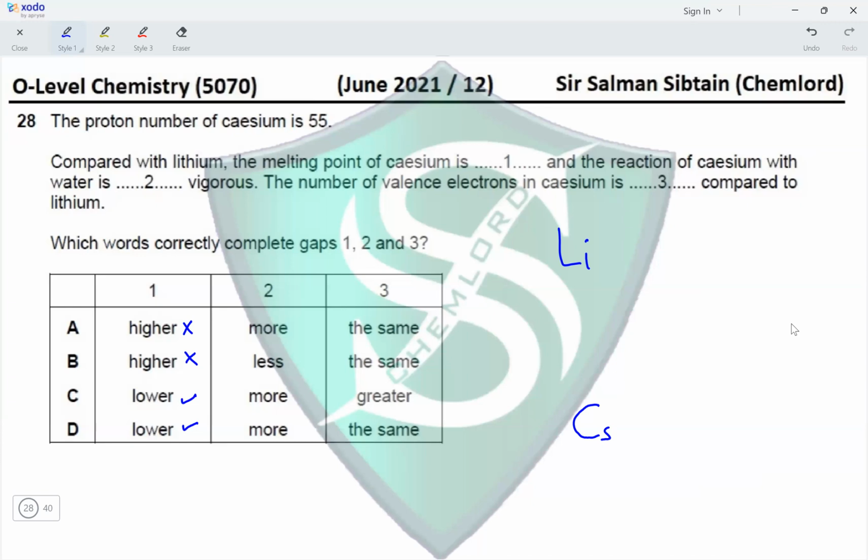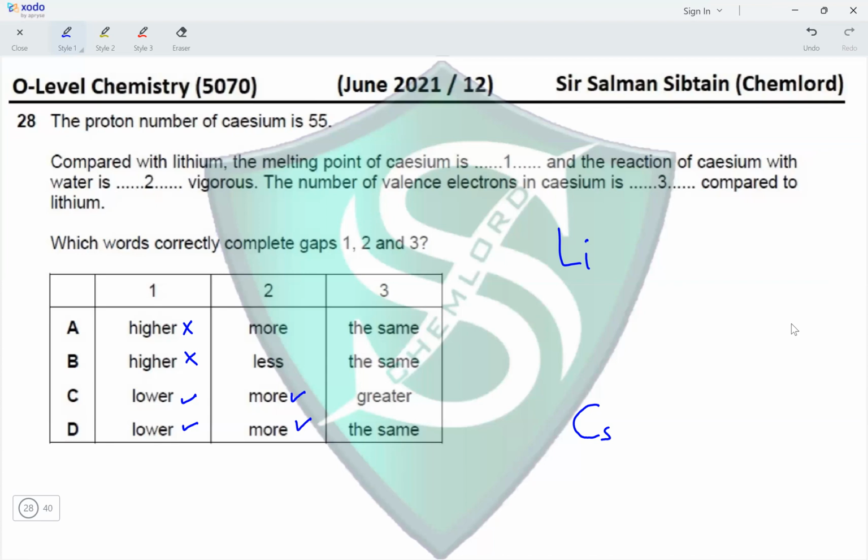Out of which one more will be eliminated. Now the second blank: the reaction of cesium with water is dash vigorous. This has to be more vigorous because down the group the reactivity increases. So both C and D have more as the option. So both are still correct. Now the third blank will decide which of these two is the actual correct answer.